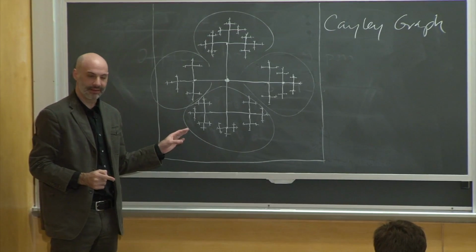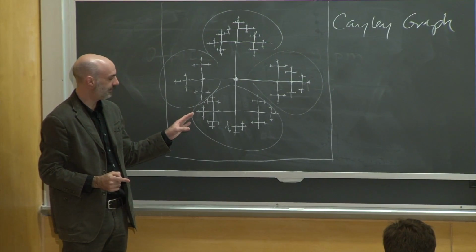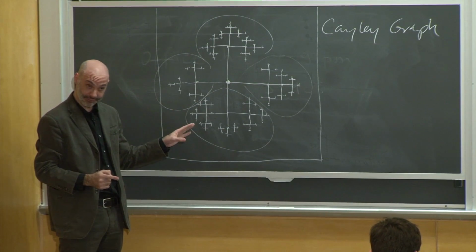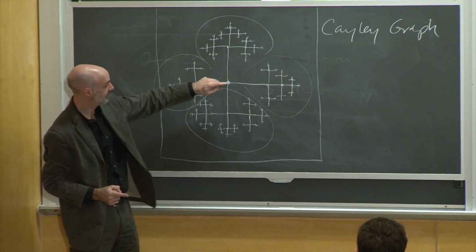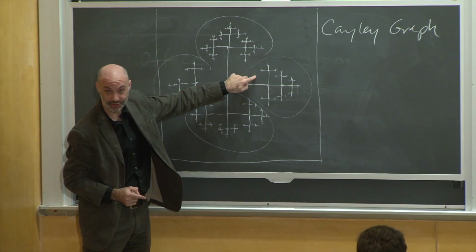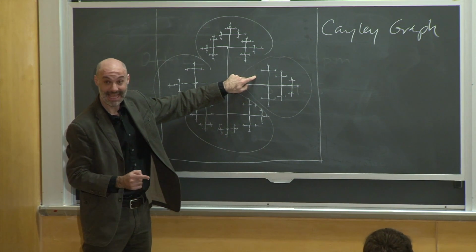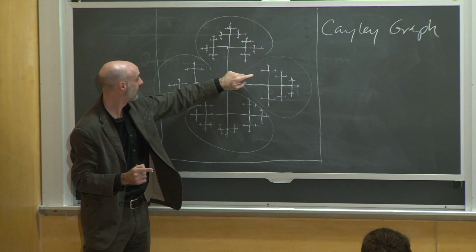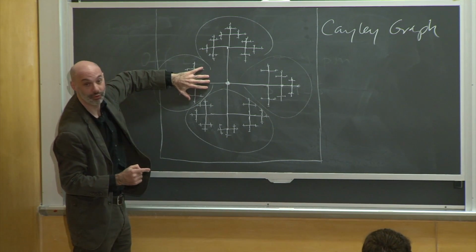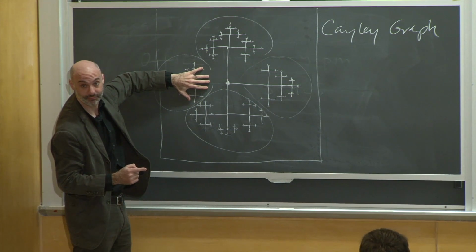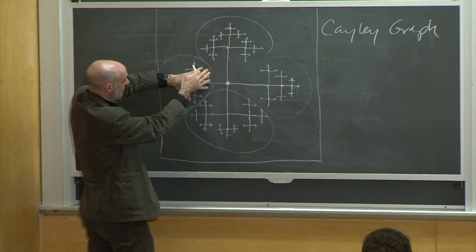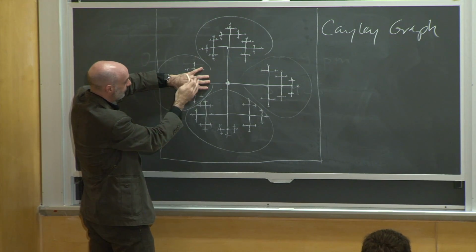I didn't draw it perfectly, so I'm not sure if this will be evident. But a crucial feature of this graph is that that quadrant there, that branch, is a copy of the entire graph except for the left branch. So think of it this way. Start by just looking at the entire graph except for the left branch.